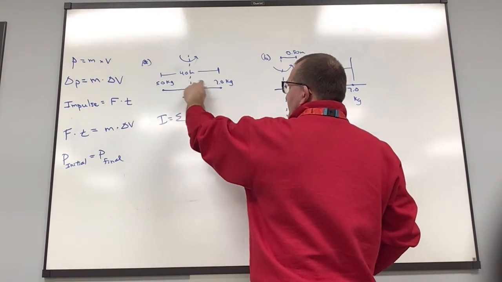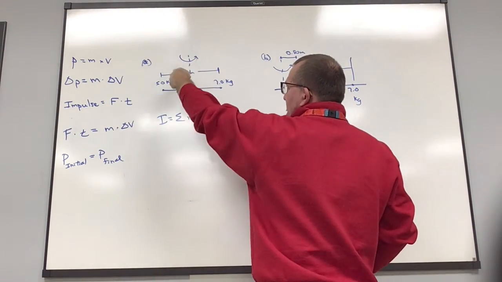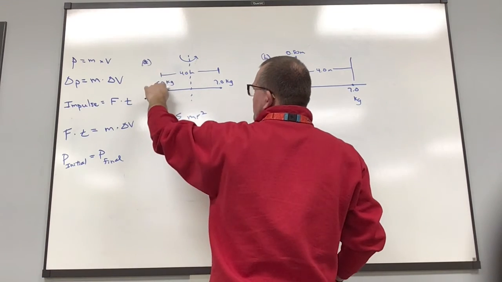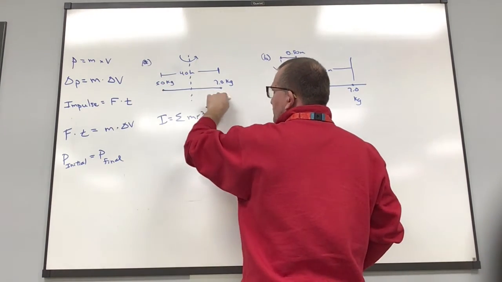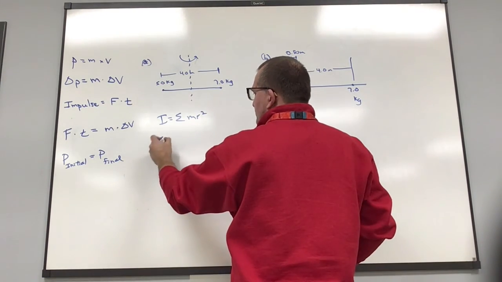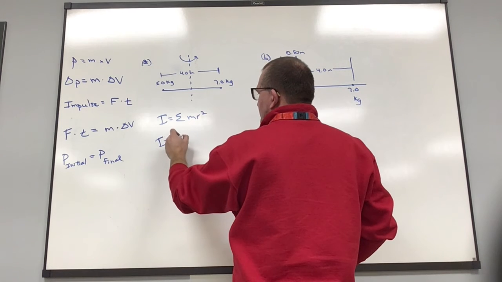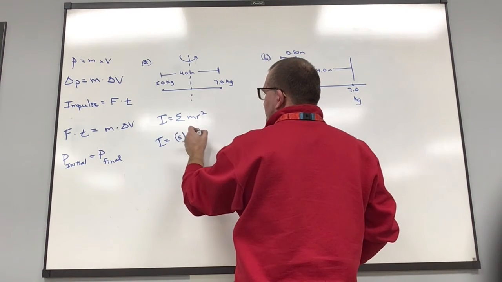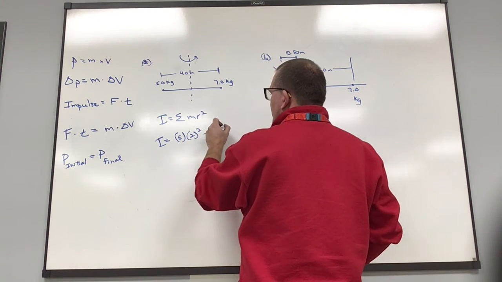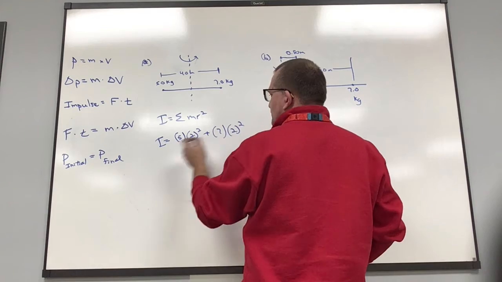Since it's smack dab in the middle, this distance will be 2 meters from the center, and this will be 2 meters from the center. So I just take 5 times 2 squared plus 7 times 2 squared.